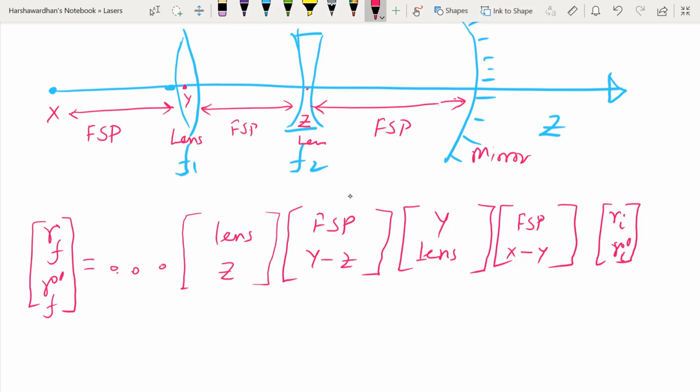Both of these quantities would be arrived at by looking at this transformation that takes the ray from point X all the way to the final point here. So you see, this is the power of this business of ABCD matrix that allows you to incorporate and play around with the locations, and this is widely used in lens design and so on, and it's an extremely powerful idea that is widely utilized.